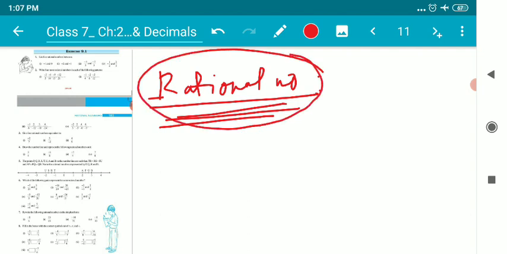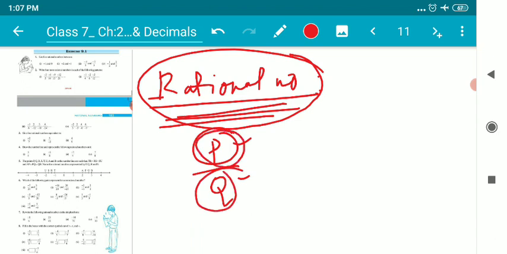Now, children, the very first question that comes to mind when we talk about rational numbers: what is a rational number? Rational numbers are numbers which can be expressed in the form p by q. Now, the question is, sir, what is p and what is q? p is a variable, q is a variable. p can be any number, q can be any number, but the only condition is that q cannot be 0.